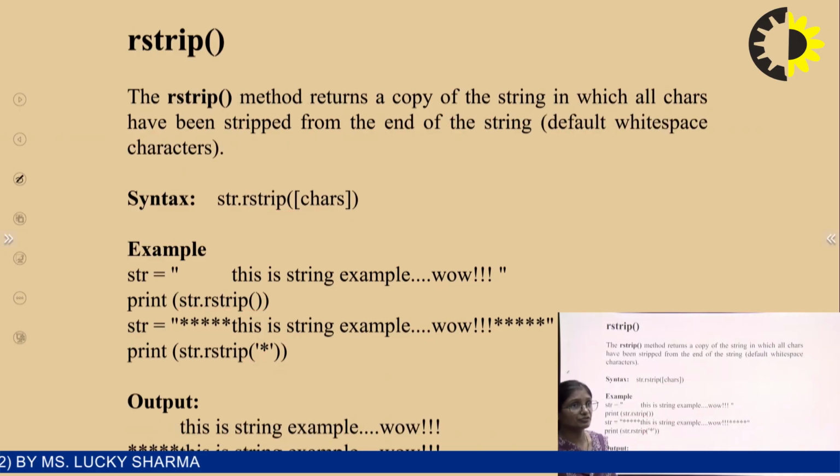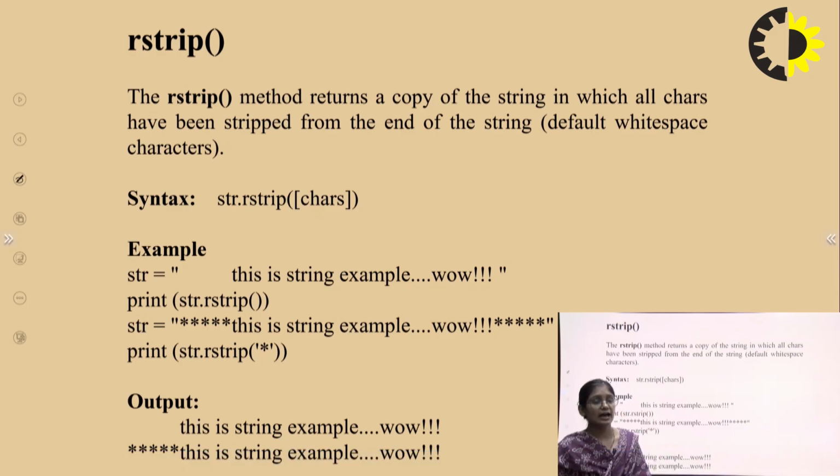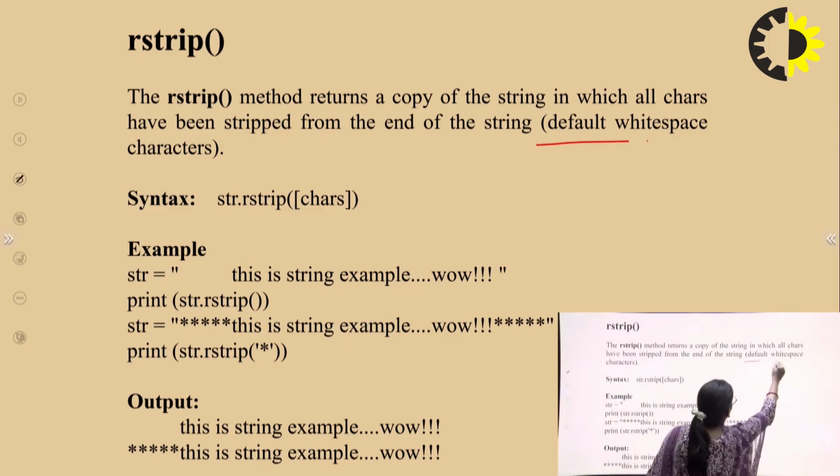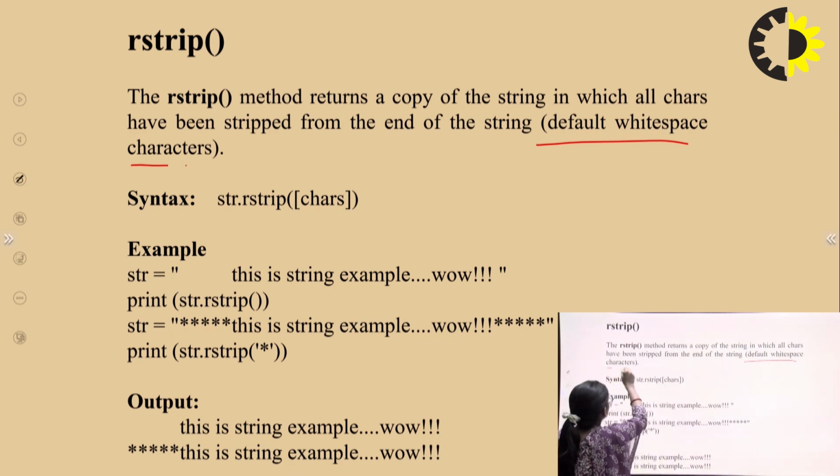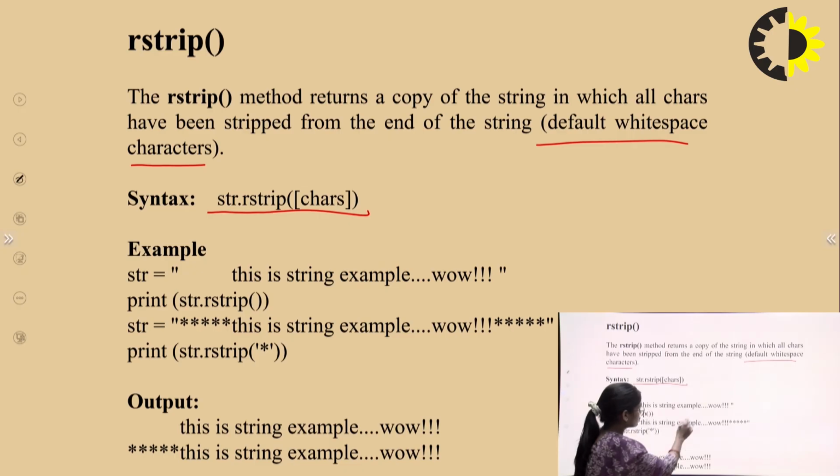Now the rstrip method returns a copy of the string in which all characters have been stripped from the end of the string. Default white space characters means we have not considered the white space characters. Syntax: string.rstrip(chars). Now the example string is "this is a string wow".